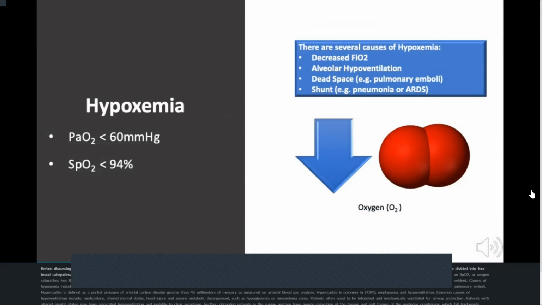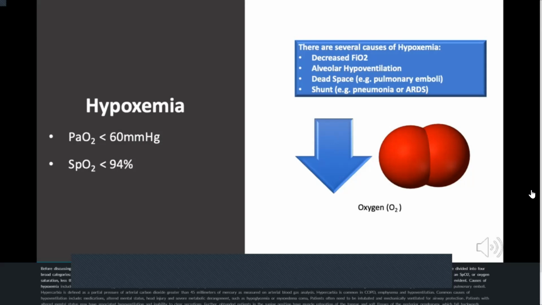Hypoxemia is defined as a partial pressure of arterial oxygen less than 60 millimeters of mercury, or an SpO2 less than 94% by pulse oximetry. Although an SpO2 less than 94% defines hypoxemia, oxygen therapies and mechanical ventilation may not be indicated until more severe hypoxemia occurs or respiratory failure becomes evident.